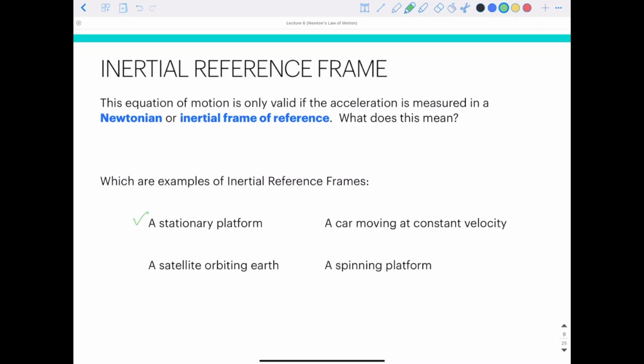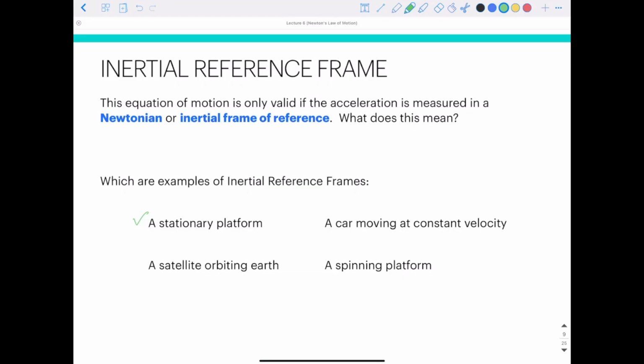What about a satellite orbiting Earth? Would we have to know whether or not it's accelerating? Well, is a satellite orbiting Earth accelerating? Yes, because it's moving in a circle. Right. According to Newtonian mechanics, it has a circular motion, so the velocity direction is changing.